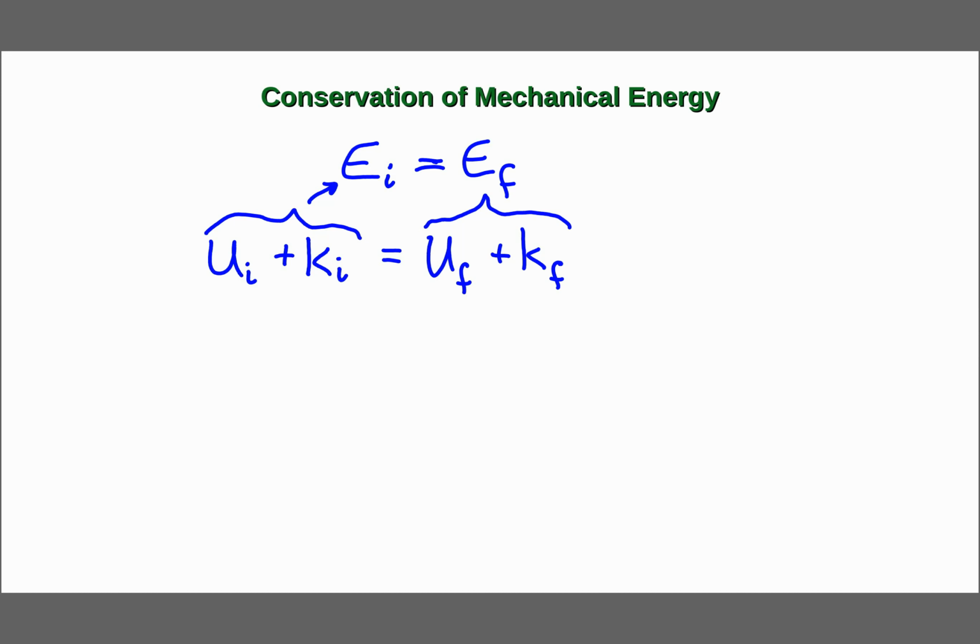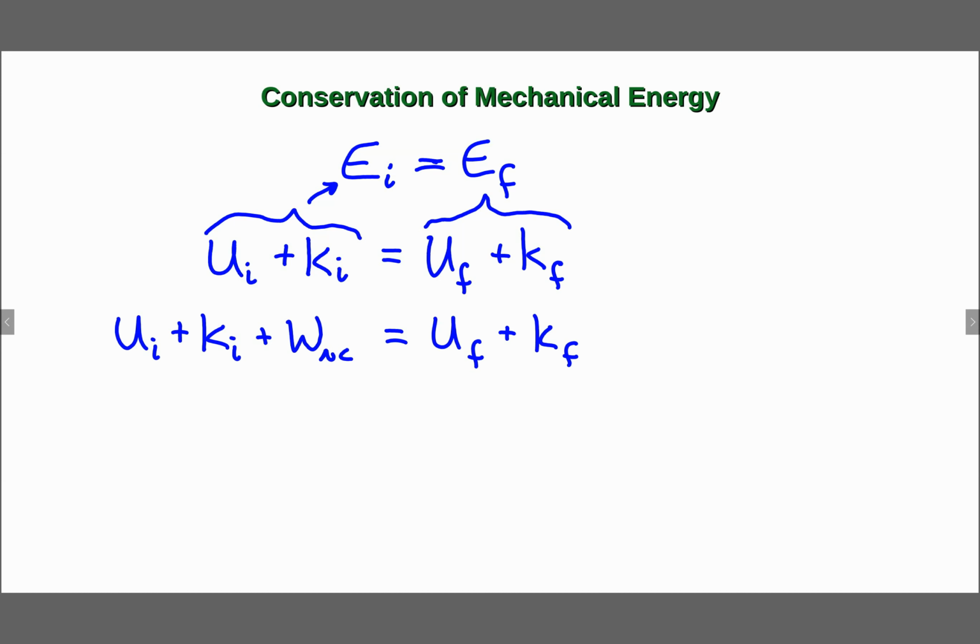But this isn't general, right? We know that we may have non-conservative forces acting on our object, like a push or friction. So then we add that to our equation. We add non-conservative work. So we have potential energy plus kinetic energy at the beginning plus non-conservative work equals potential energy at the end plus kinetic energy at the end.